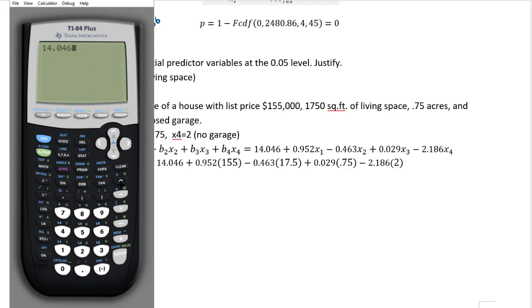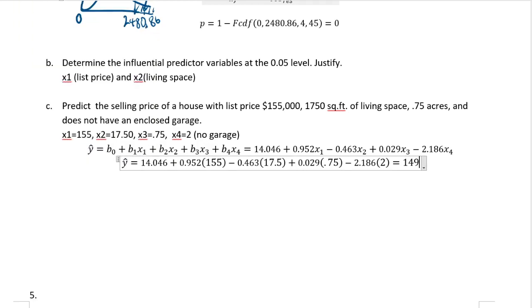We have 14.046 plus 0.952 times 155 minus 0.463 times 17.5 plus 0.029 times 0.75 minus 2.186 times 2, enter, 149.15.